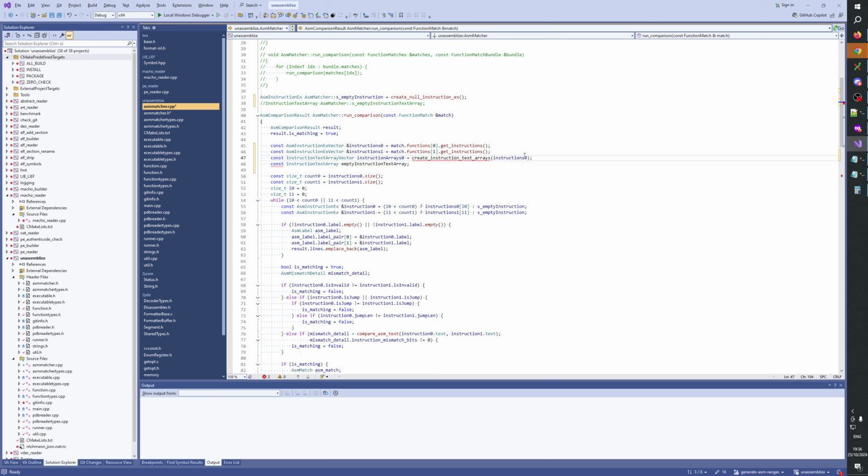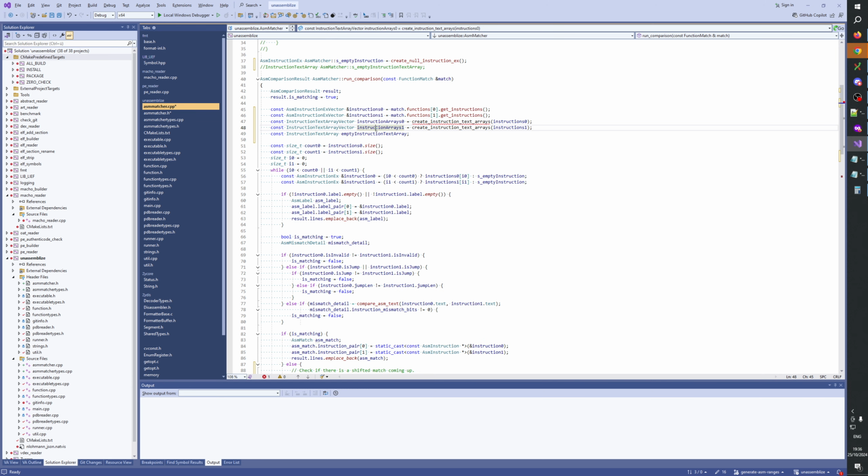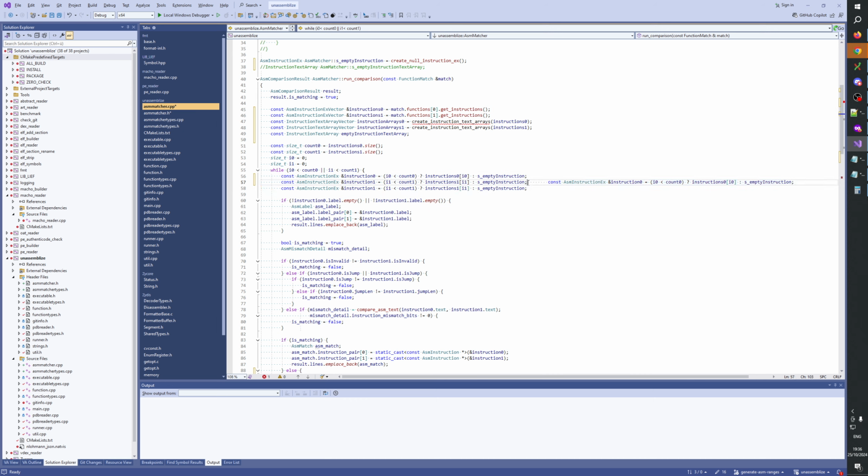Okay. And then we do the same for 1. So this would then build us these instruction arrays. And then here we do the same as this here.